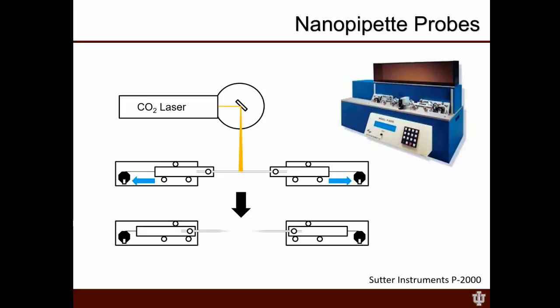And Sutter's really optimized the system so that the parameters of the pull can be controlled very reproducibly and give us tips that are very symmetric, small, and useful for scanning ion conductance microscopy.